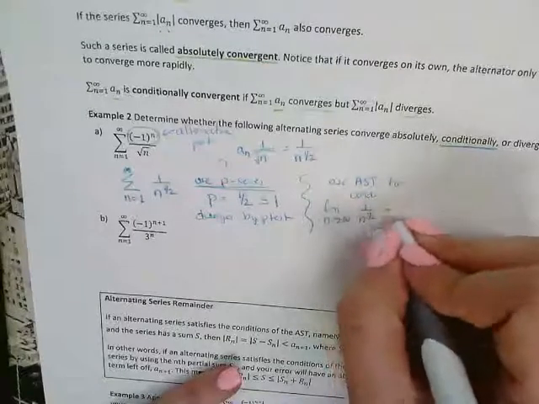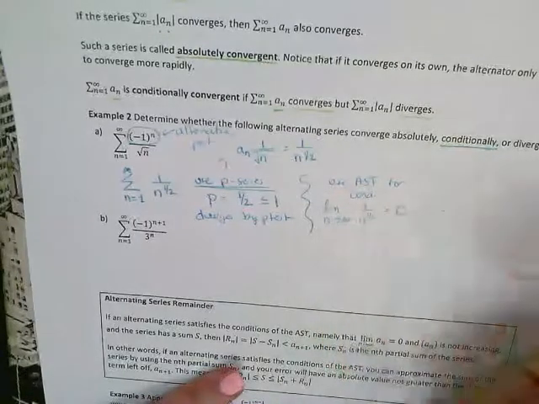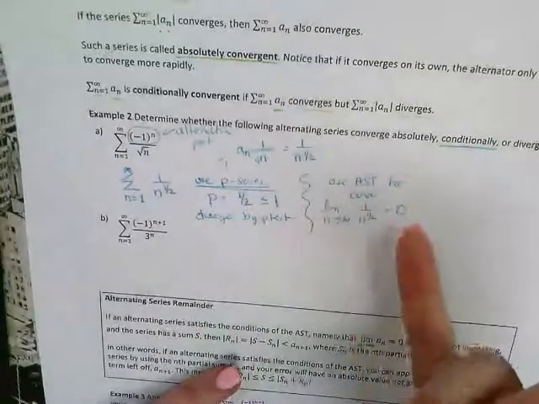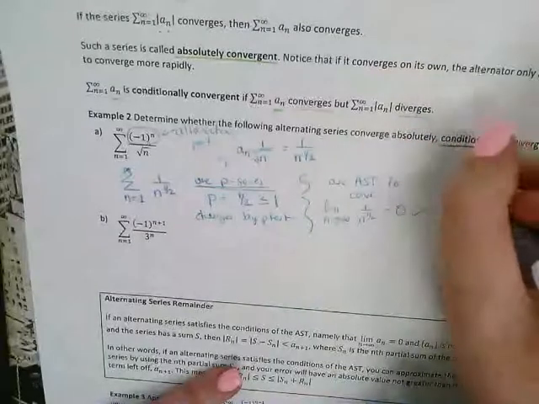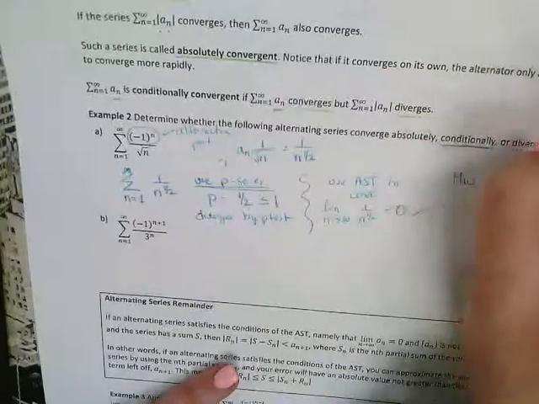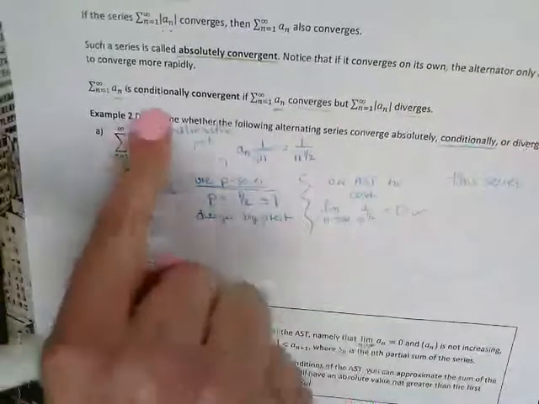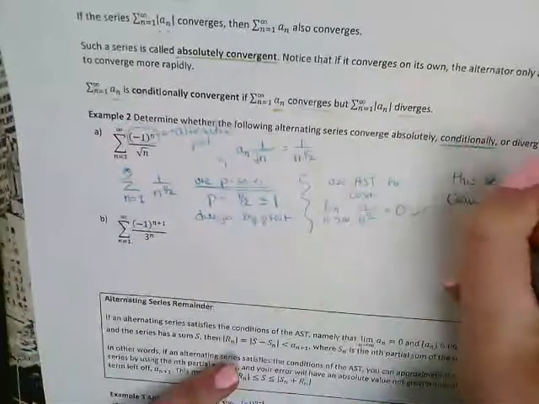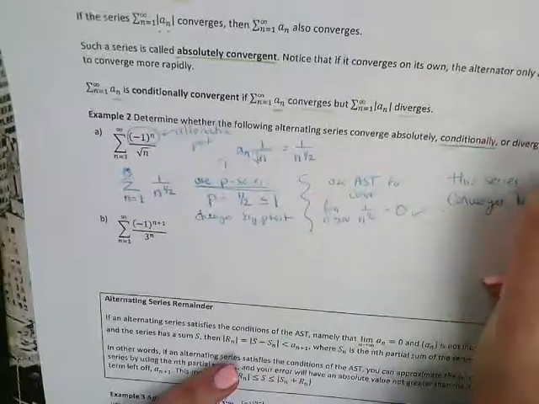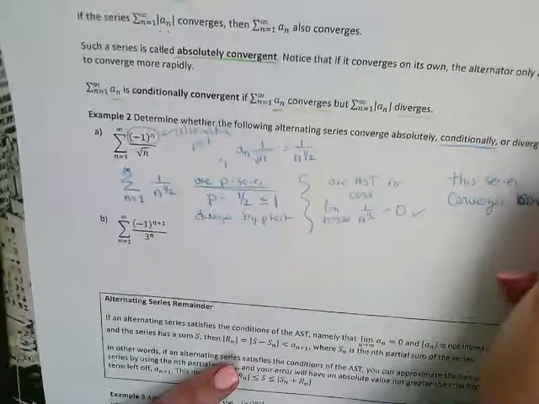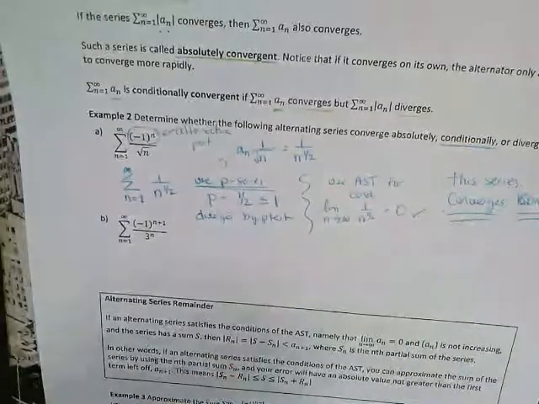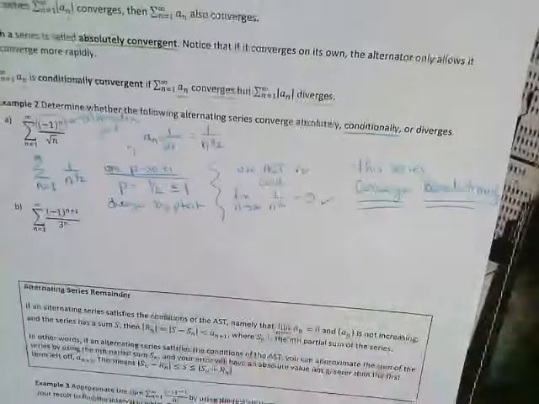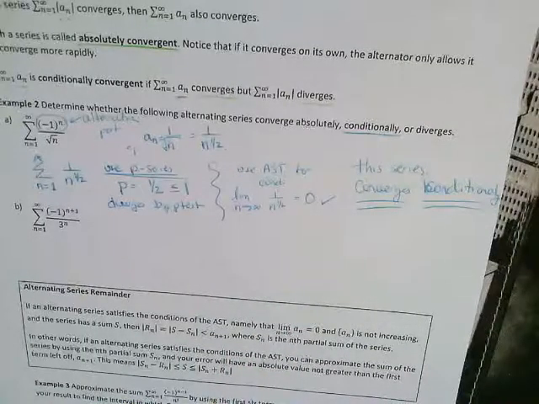Okay, it's 1 over infinity, which is actually 0. So because it does pass the AST, we say that this series right here converges conditionally. Okay? It does not converge absolutely.